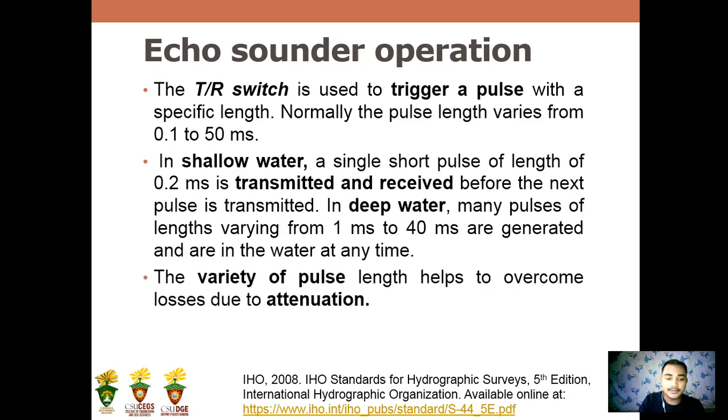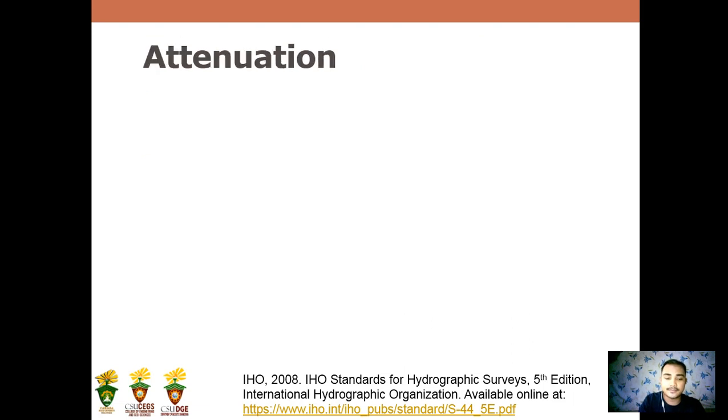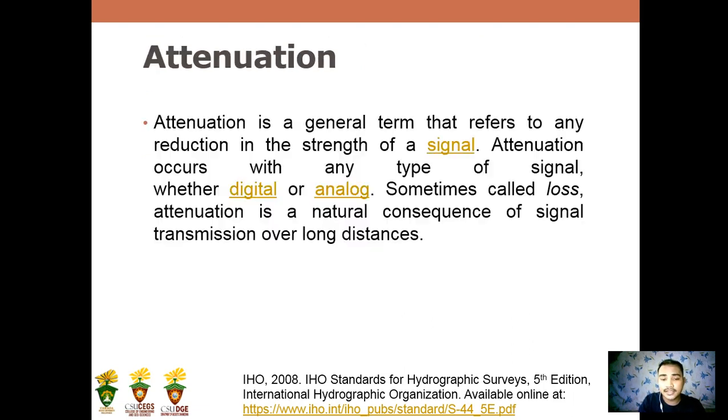And the variety of pulse length helps to overcome losses due to attenuation. So when we say attenuation class, it is a general term that refers to any reduction in the strength of signal. So murag pahinay kumbaga. So if the pulse is being transmitted from the transducer as it goes into the water, labi nagpalawom na siya, there is a reduction of strength of signal.